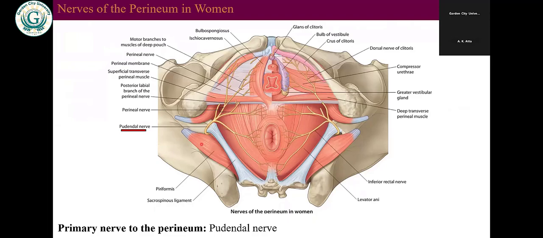There is this diamond-shaped area here we call the perineum. So I'm trying to draw it. Let me use something blue. So this is the perineum. This diamond-shaped area is what we call the perineum.